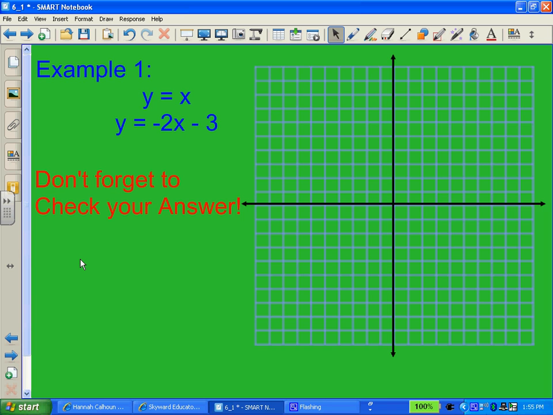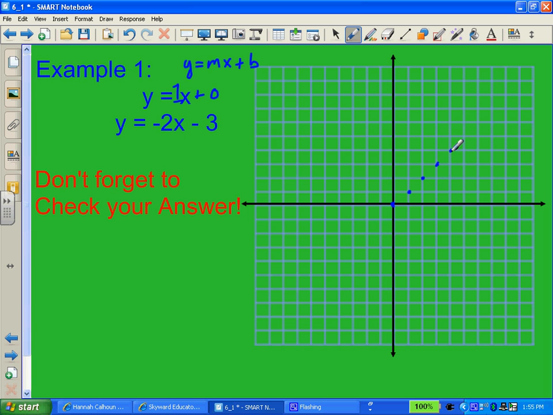So here we have the equations y equals x and y equals negative 2x minus 3. Now notice that both of these are in slope-intercept form, which if you'll remember is y equals mx plus b. So they're both ready to graph. Remember, this is y equals 1x plus 0, so I'm going to start at 0, and then my slope is up 1 over 1.